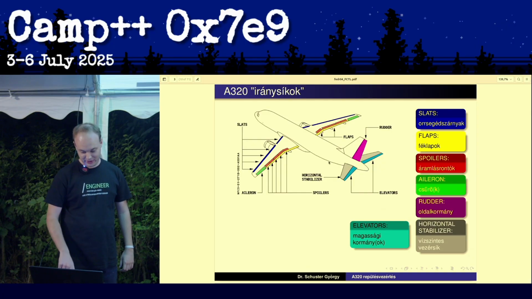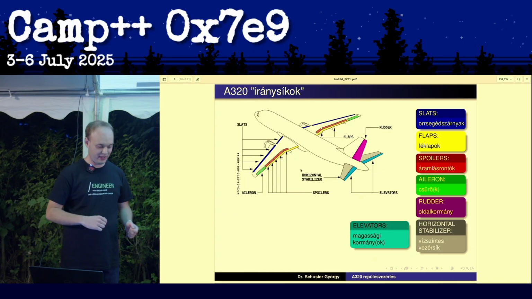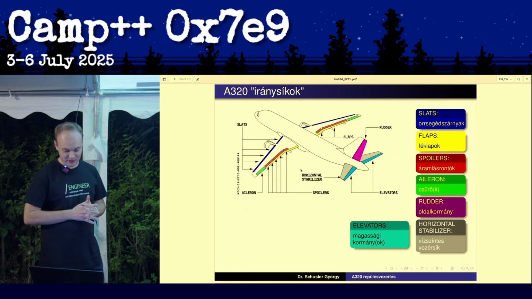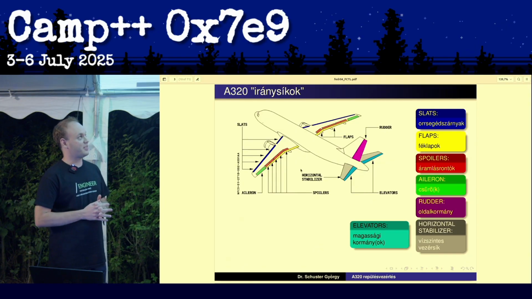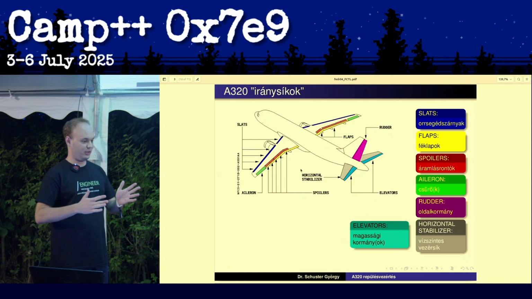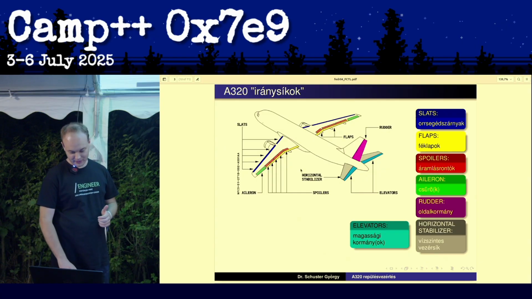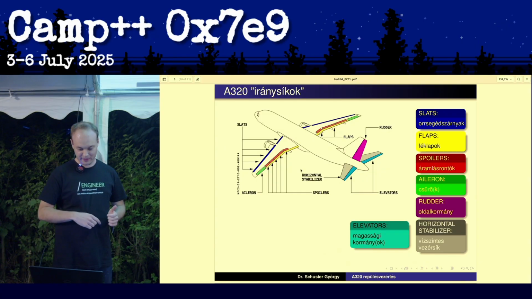As I said earlier, you also have the spoilers, or not the spoilers, those are for slowing down after landing. The flaps are the more important ones. Like I said, if you extend them, it basically lowers the operational speed range of the aircraft, so it can fly slower, or allow it to operate slower.